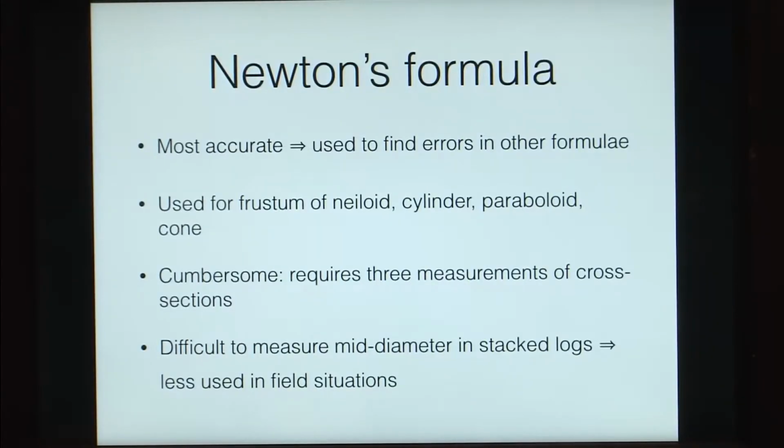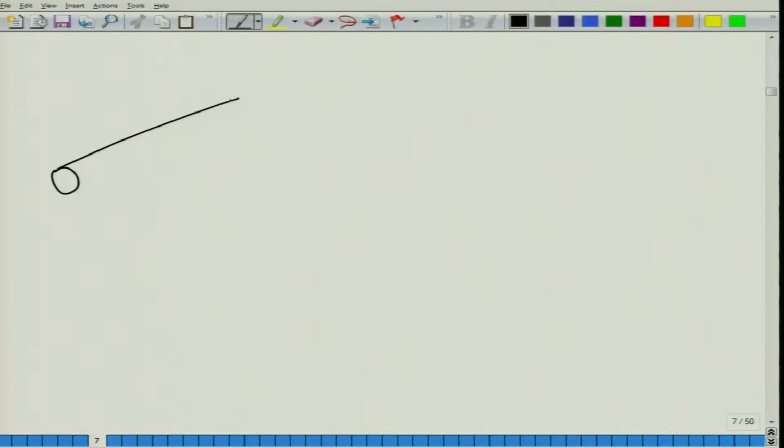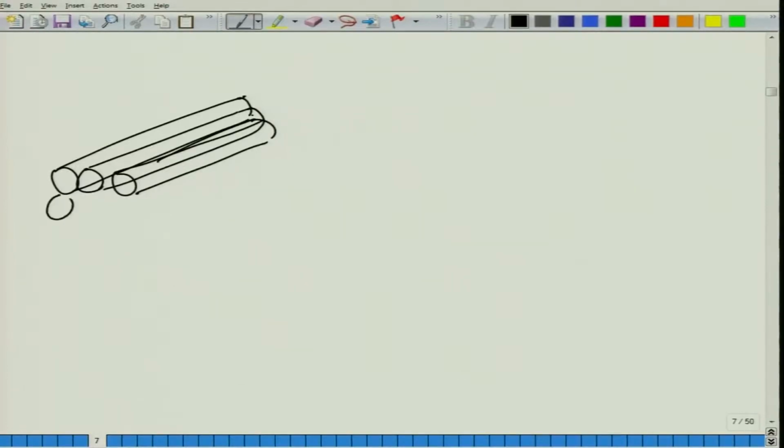And in case your logs are stacked, when we say stacked logs, we mean that this is your first log, then you have the second log in continuation, then you have your third log, then there is a log below this, then a log below these and so on. When you have this stack of logs, taking the diameters of the ends is easy because they are accessible, but taking the diameter of the middle portion of a log is very difficult.